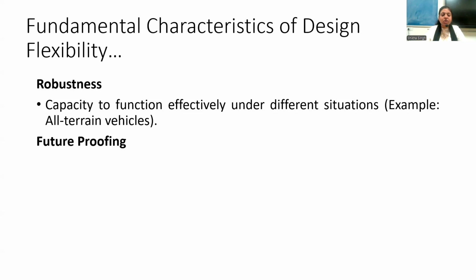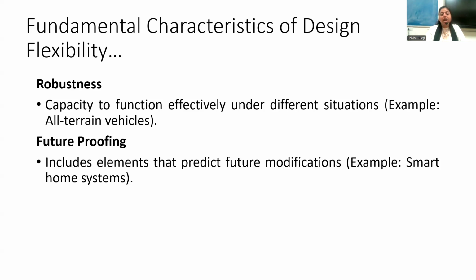The external environment is changing all the time. So it will help to prepare the reliable product, right? Then future proofing. Future proofing is something which anticipates and prepares for the longer term.